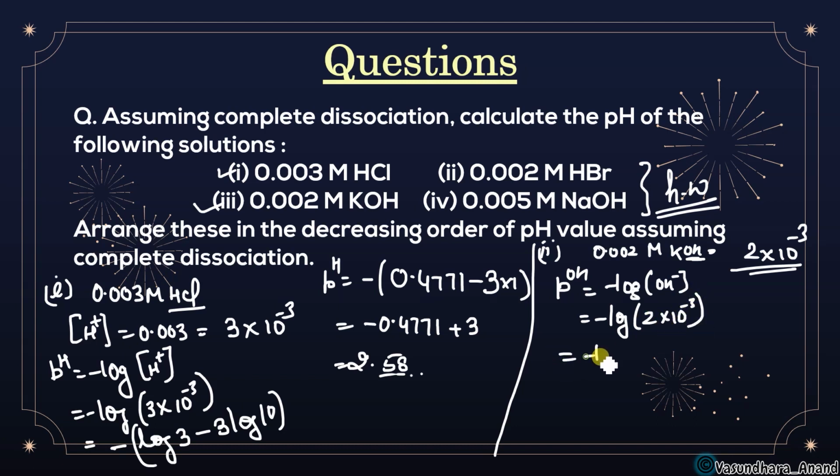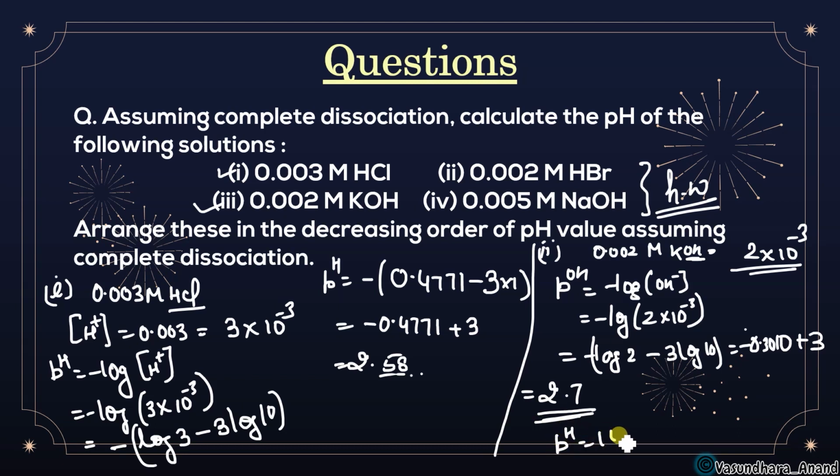So this will be minus log 2 minus 3 log 10. And this is going to be minus log 2 ki value ho jati hai 0.3010, and this is minus minus plus yani plus 3. So just solve it and you will get something 2.7 approximately. Okay, so this is the pOH, ye pOH hai. So pH ke liye kya karoge, 14 minus 2.7 yani ki 11.3. This is the pH. Got it? 11.3 is the pH.